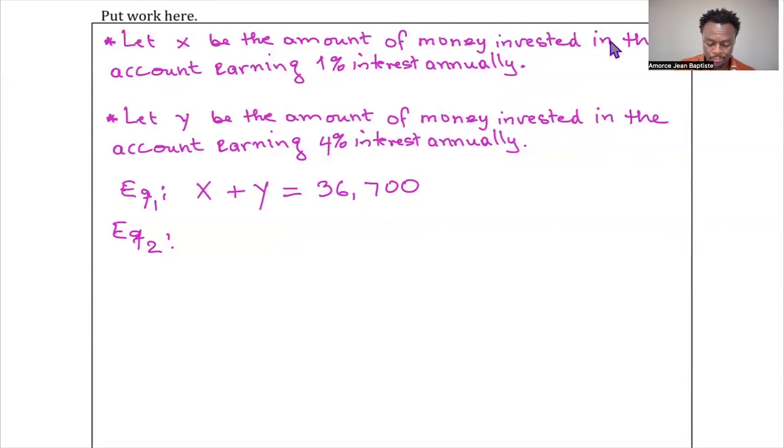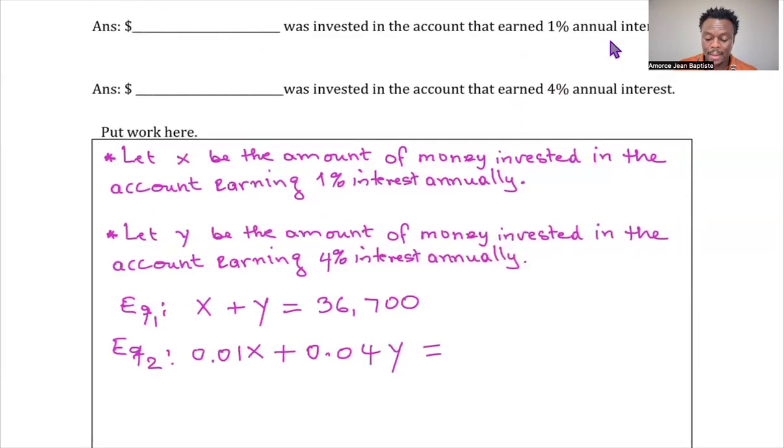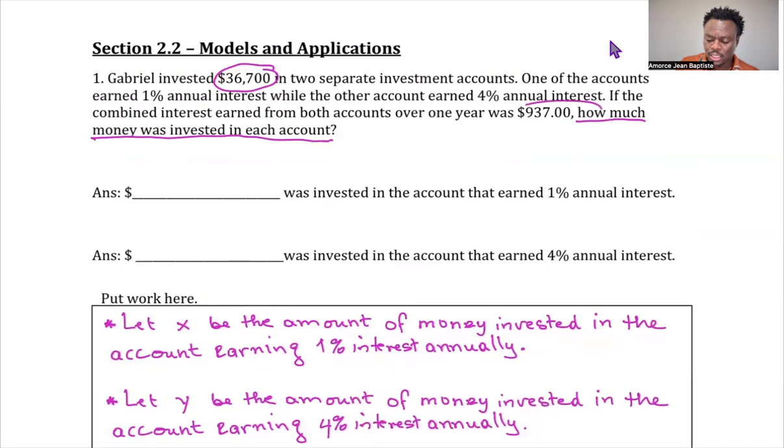So that's going to be 0.01x plus 0.04y, because 1% is 1 divided by 100, which is 0.01, and 4% is 4 divided by 100, which is 0.04. That equals the amount earned in interest at the end of the 1-year period, so that's 937.